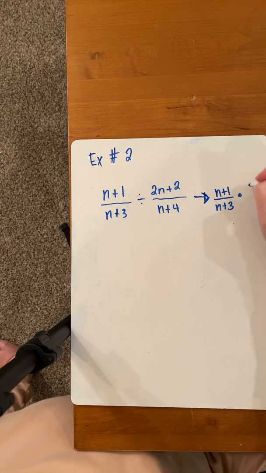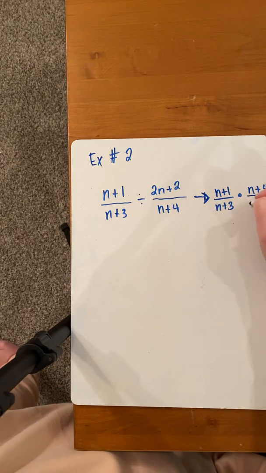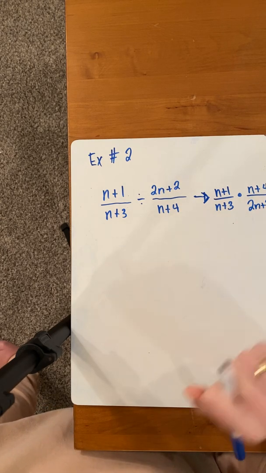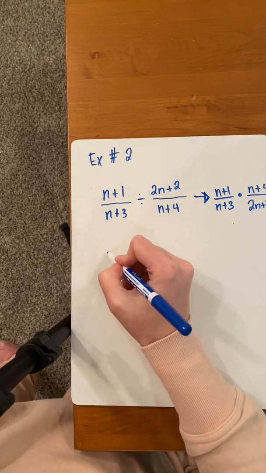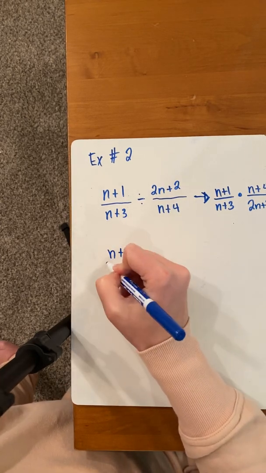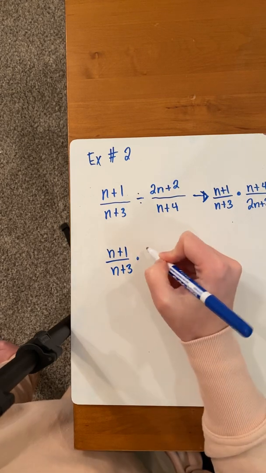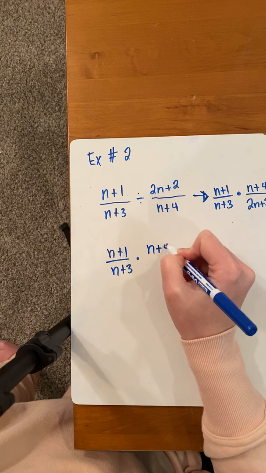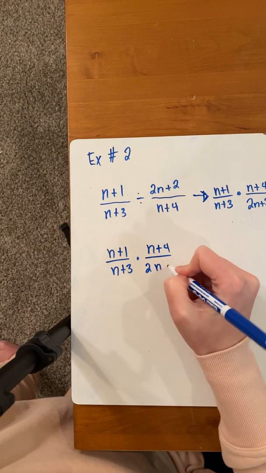Times the reciprocal, n plus 4 over 2n plus 2. Now I'm going to pull a GCF out of that and rewrite: n plus 1 over n plus 3 times n plus 4 over, pulling out my GCF of 2, 2 times n plus 1.